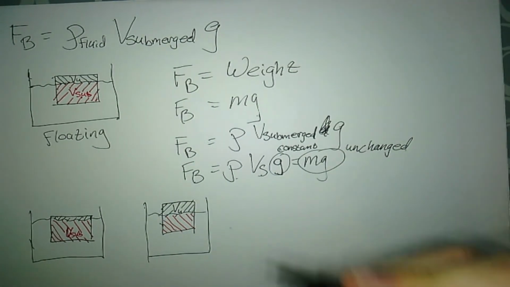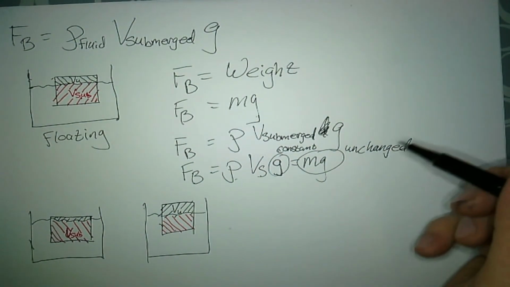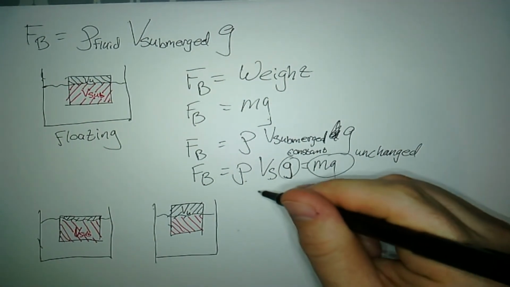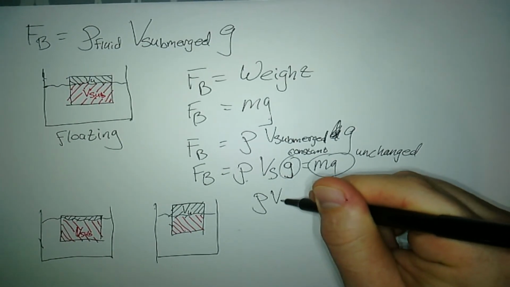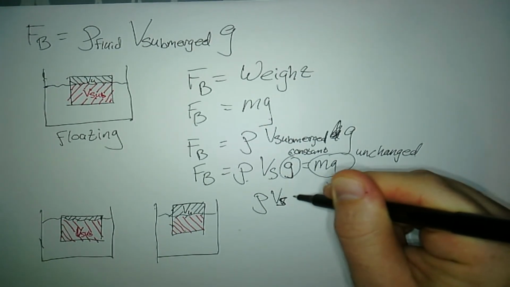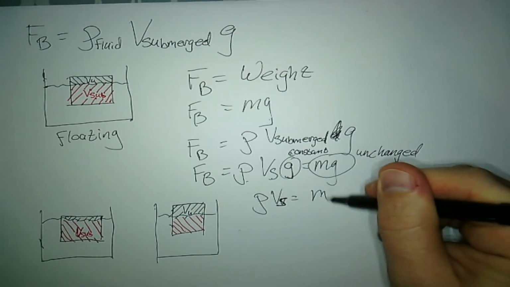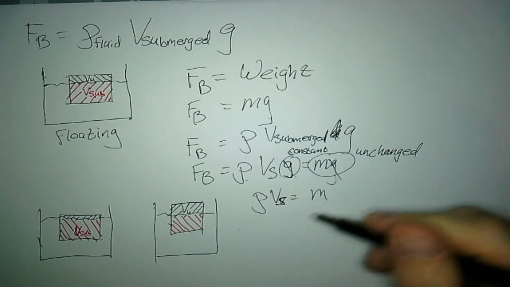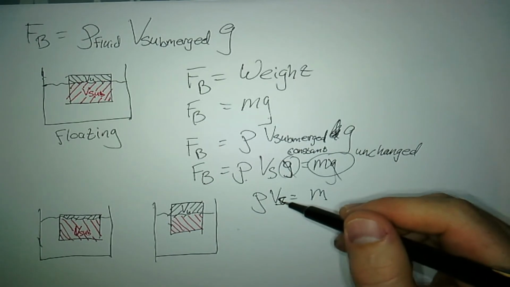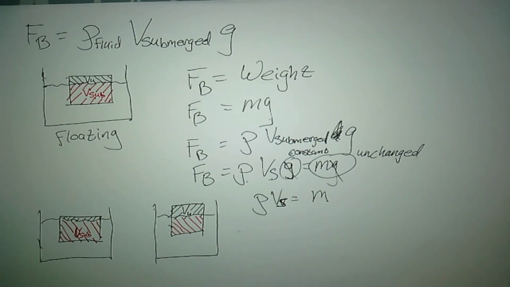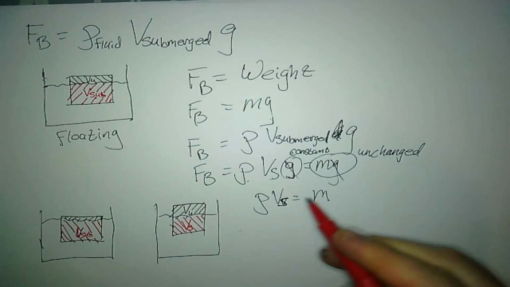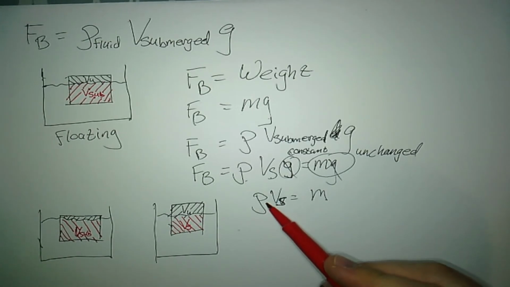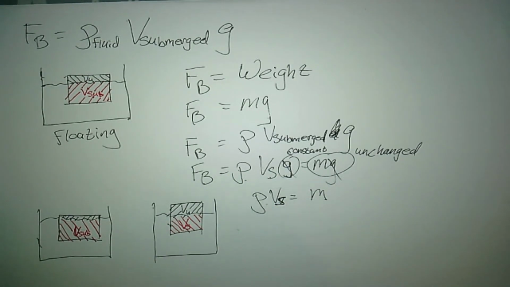So if it has less volume submerged, do you think it has a higher fluid density or a lesser fluid density? Because remember, I want rho VS, that's an S, to equal m, because those guys are going to cancel. Since this is a constant, if this term goes up, then this term had to go down, right?